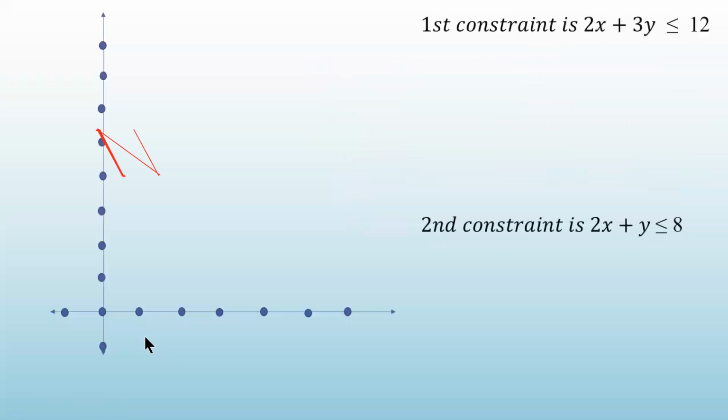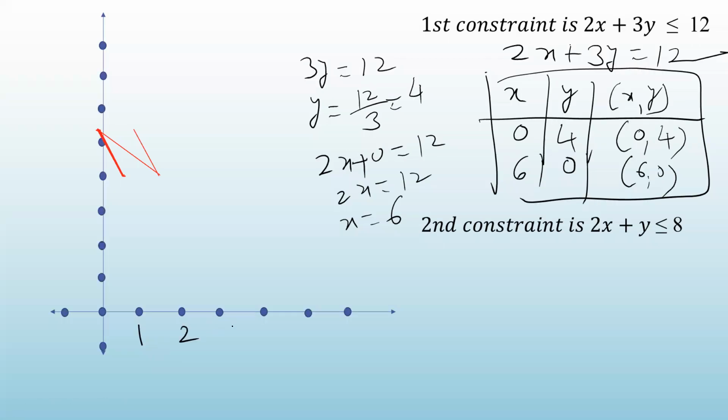So let us see. Just plot this point. So 0, 4, x coordinate is 0 and y coordinate is 4.